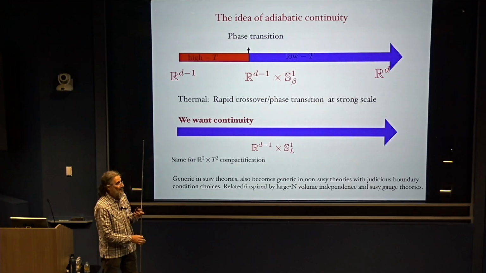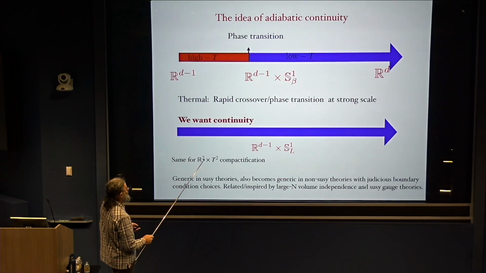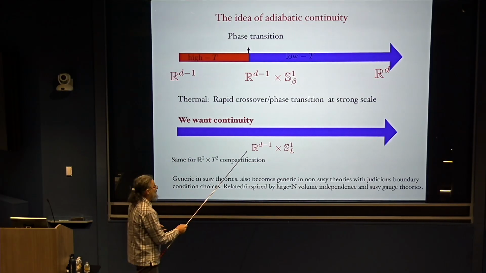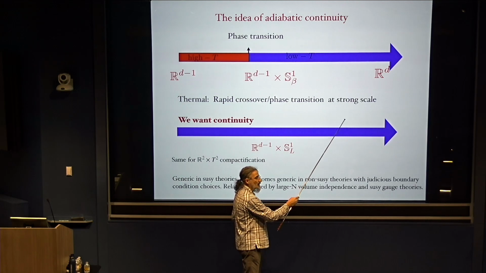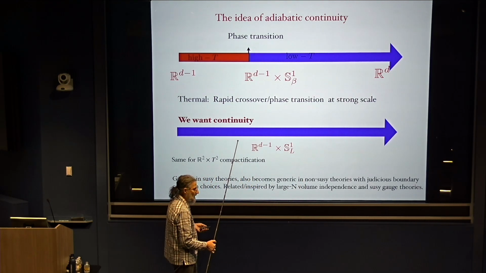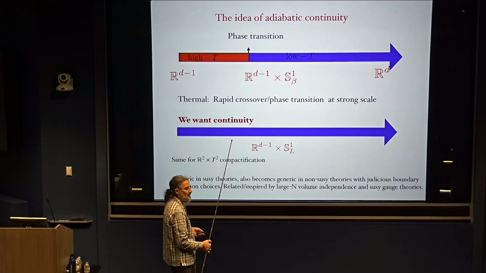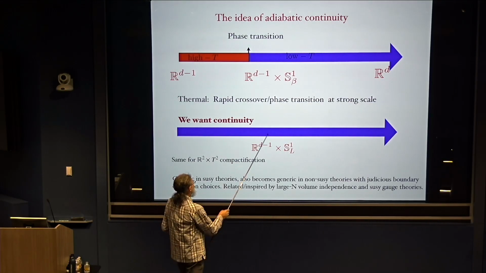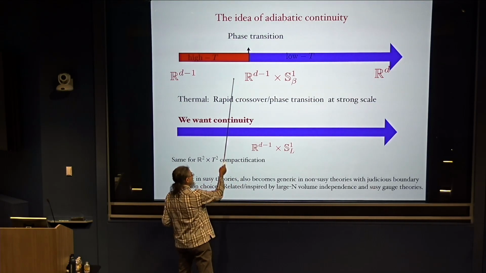Let me just tell this adiabatic continuity idea in a slide. Normally, if we start with a theory on R4 and compactify one direction for a long time, at least in the QCD community, this was interpreted as a thermal circle, and there is a phase transition.